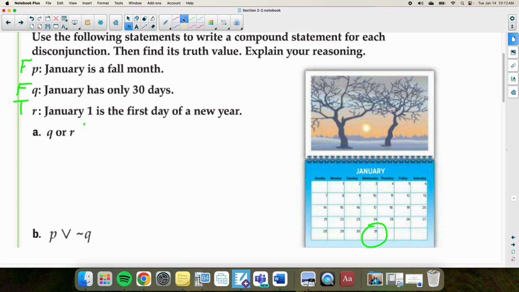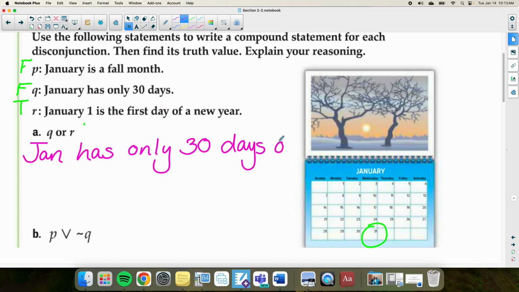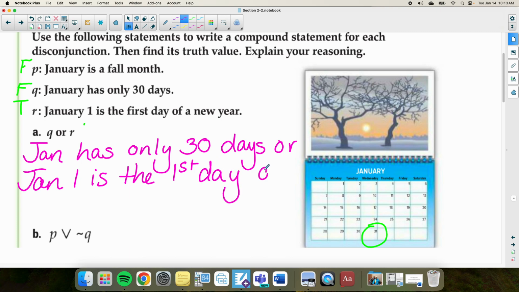So now I'm going to write out Q or R. I'm going to start with Q, January has only 30 days, or, make sure you put or on these, and then R, January 1 is the first day of a new year.